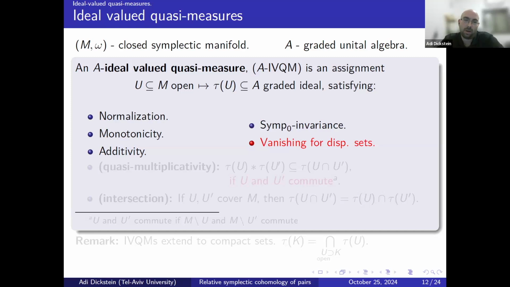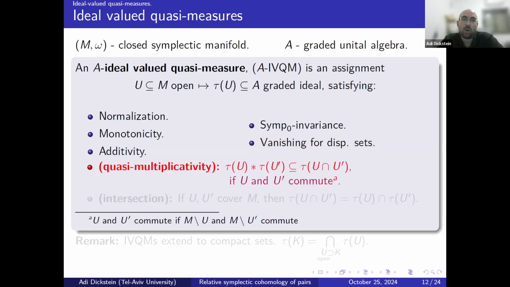And two extra axioms are quasi-multiplicativity, which says that if U and U prime commute, then the product of their measures is a subset of the measure of the intersection. And the last axiom is the intersection axiom.